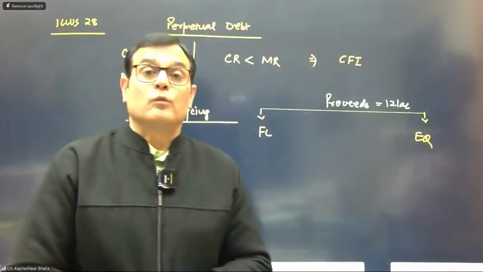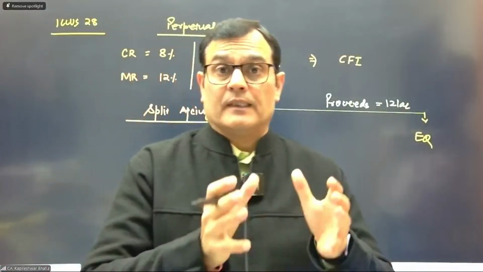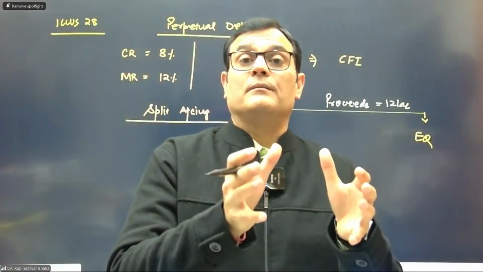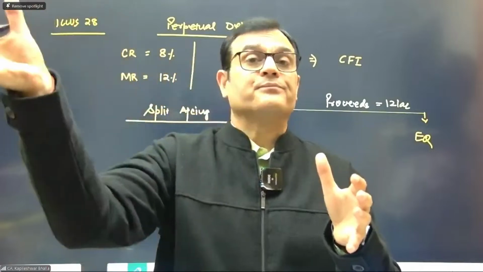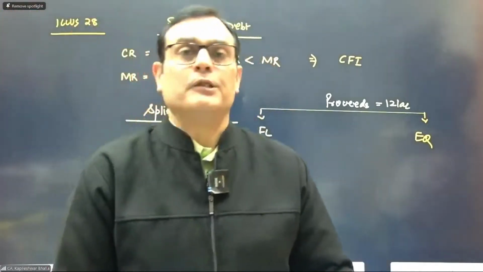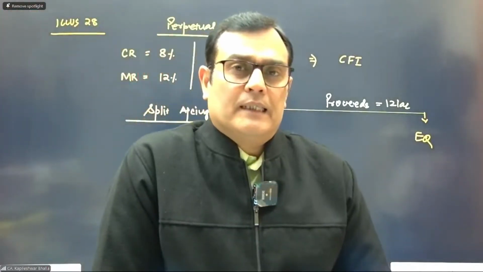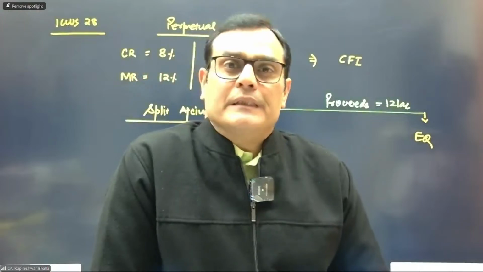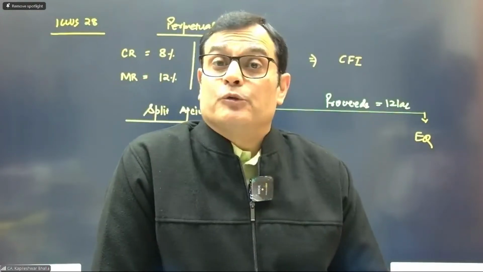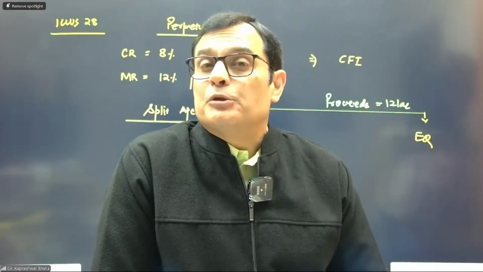Now we need to understand one very simple thing. As I said earlier, the liability is what you're going to pay. And I am going to pay interest forever. So there is an annuity in the form of interest which is going to be paid till perpetuity.